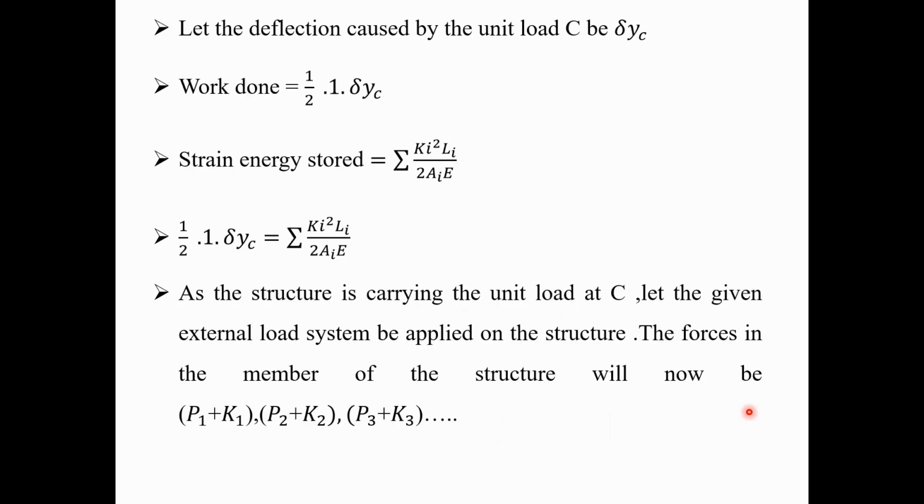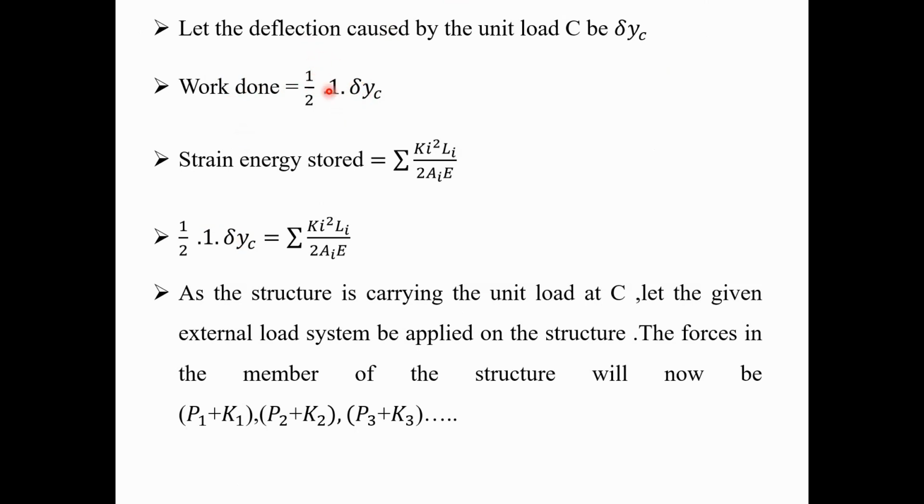Let the deflection caused by the unit load at C be delta YC. The work done by that unit load, which is applied gradually at point C, will be half into force into displacement.